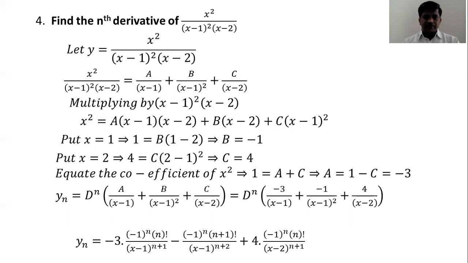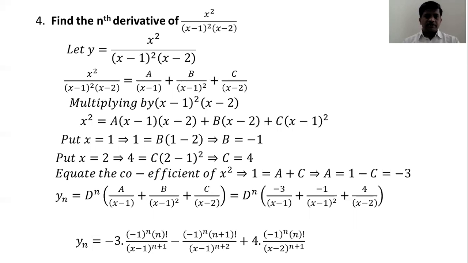The coefficient of x² on the left-hand side is 1, equal to the right-hand side: first term a, second term 0, third term c. Then a = 1 − c. Since c is 4, a = 1 − 4 = −3.